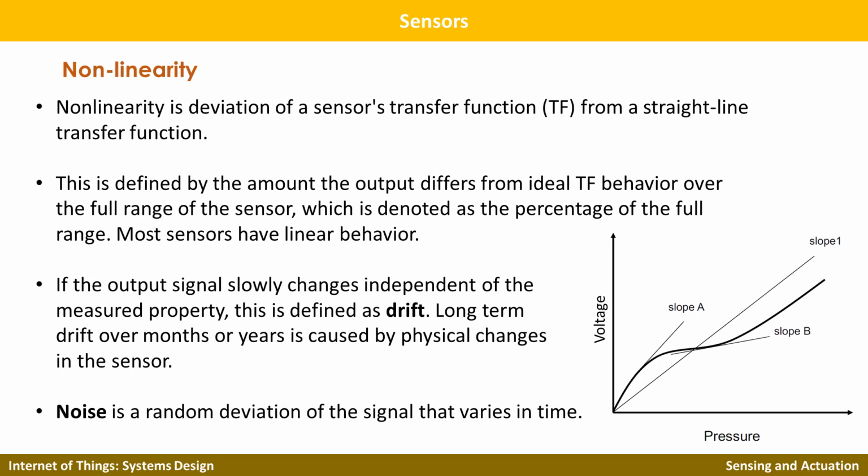Another reason to deviate is something called drift. If the output signal slowly changes independent of the measured property, we call this a drift. Long-term drift over months and years could be due to physical change of the sensor.